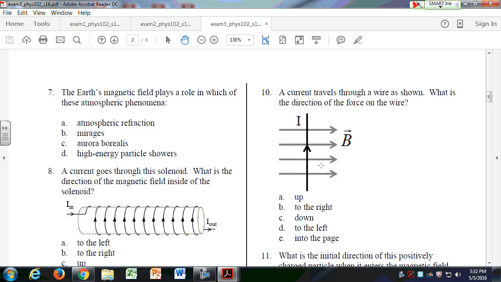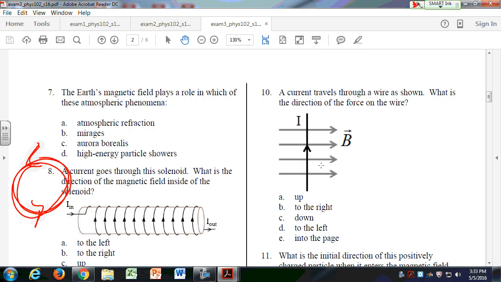This might make a little more sense to you if you look at a cross-section for number 8. So if I imagine a cross-section with the current traveling counterclockwise, I imagine my thumb going on one side in the direction of the current, then the magnetic field goes into the page on this side, out of the page in the middle, which is where we really want to know what is the magnetic field.